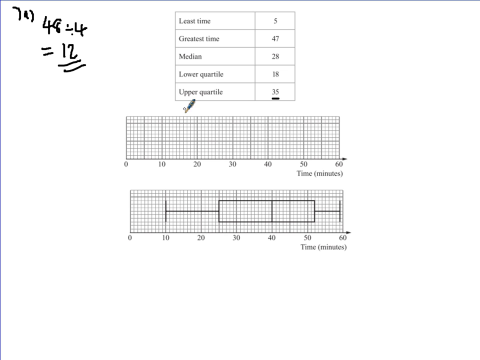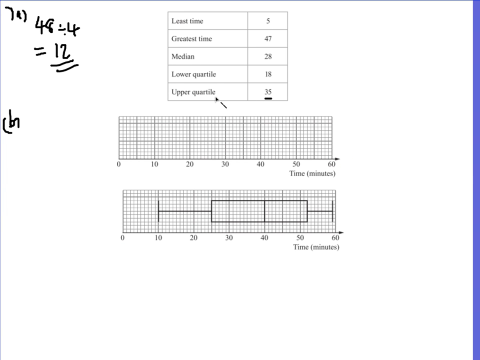On the grid, draw a box plot to show the information on this grid here. So this is for B. So we've got the least time, which is 5. We've got the greatest time, which is 47. We then have the median of 28.